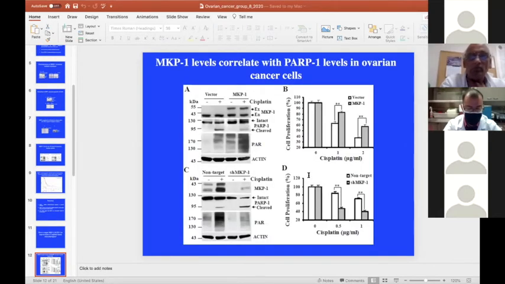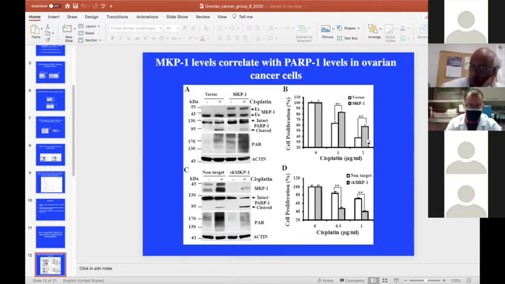So this is what we started with. When we have this resistant line and we treat with cisplatin, we see that when we overexpress MKP1, we found the tubulin level, which is higher than the vector control, and also the corresponding PARP, which is functional PARP.